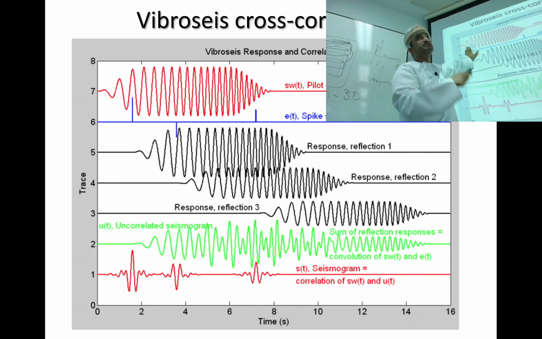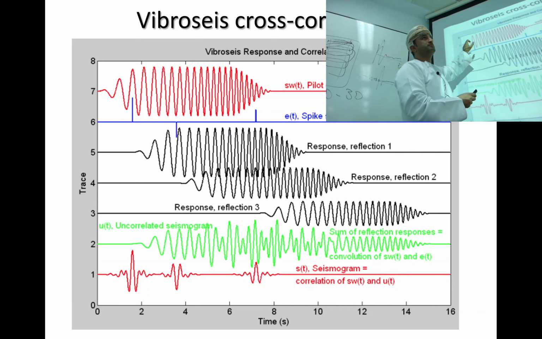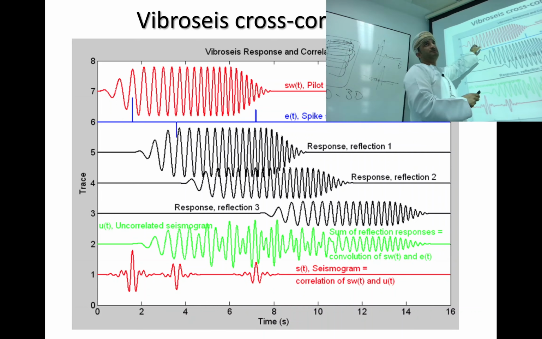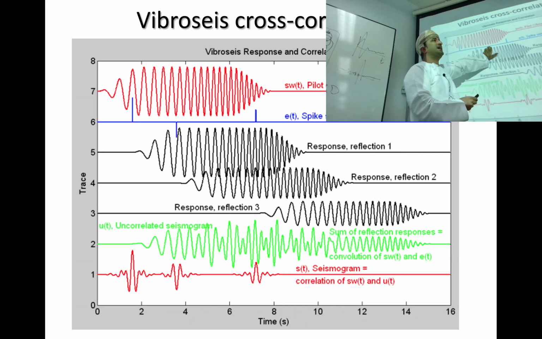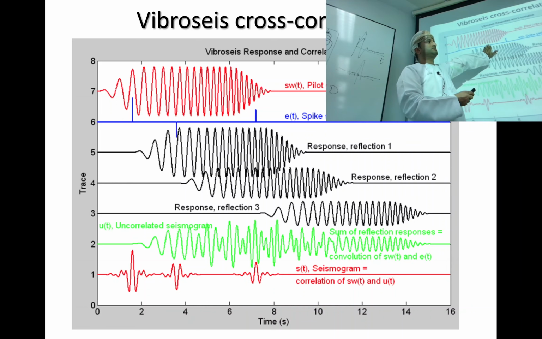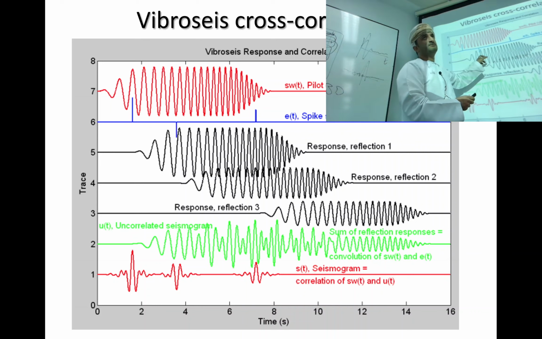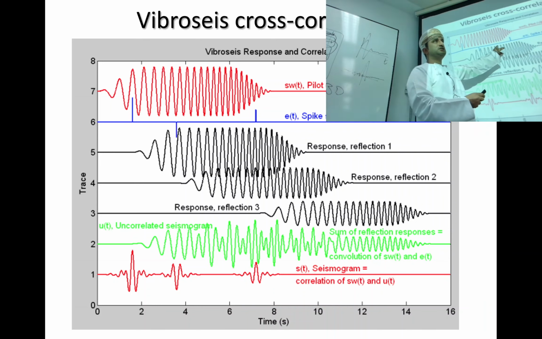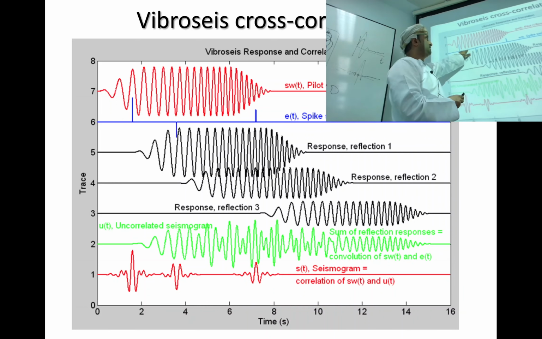Acoustic impedance means the velocity of the layer times the density of the layer. So it has a positive reflection coefficient. Here, one layer, another layer. Which layer do you think has a higher acoustic impedance? This one or this one? Second, yes, because this is negative. The velocity times density product in the second layer is larger than the first layer.